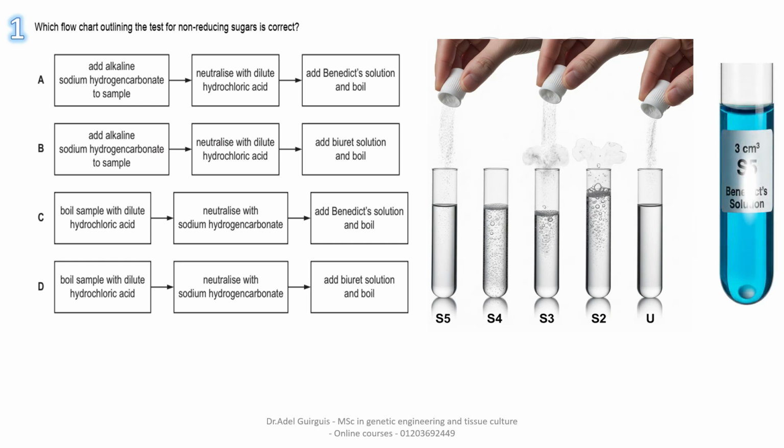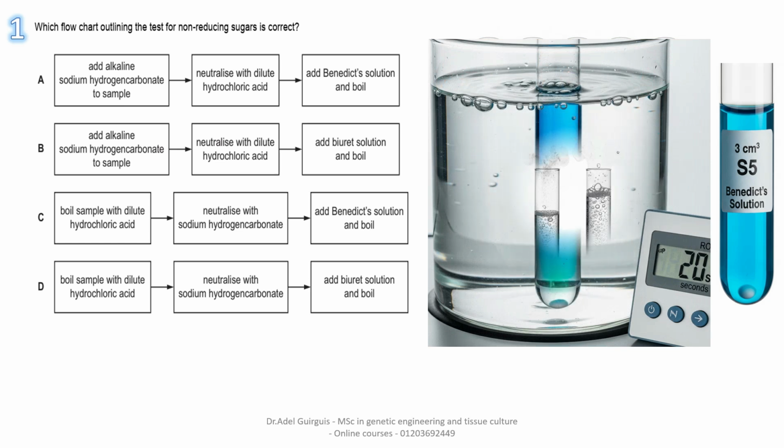Now we check each unknown sample that we predict presence of non-reducing sugar in it by adding Benedict solution, then boiling in water bath, and note any color change or determine the time taken to reach end point.